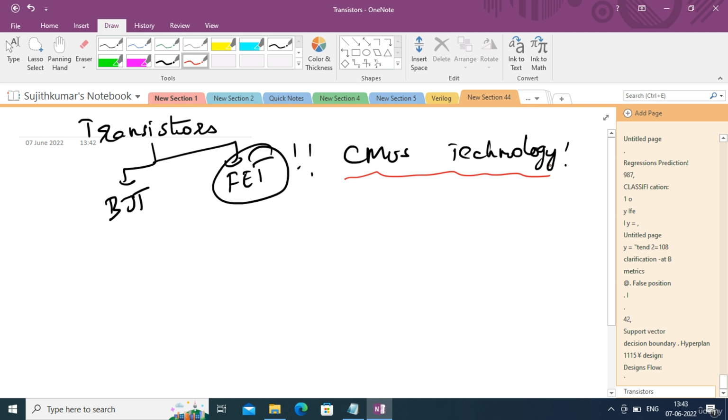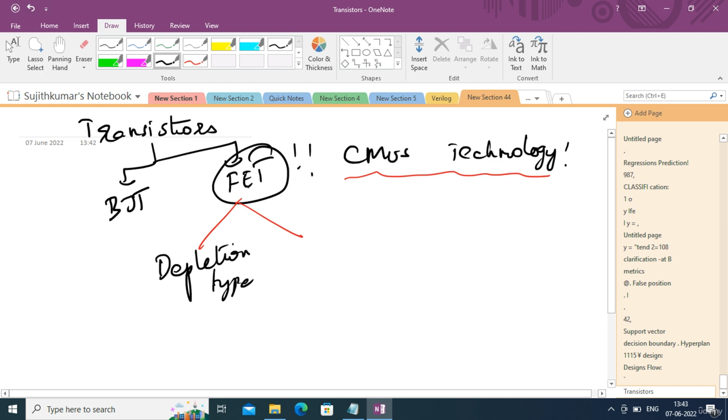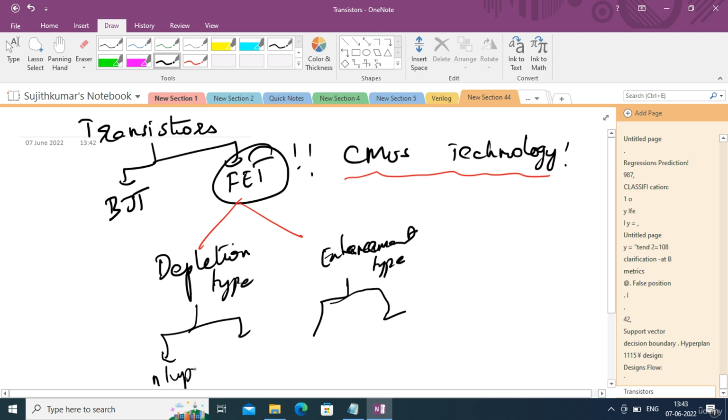Now we will understand the basic FET operation. FET can be divided into two types: depletion type FET and enhancement type FET. Both depletion type and enhancement type can be divided into N type and P type.